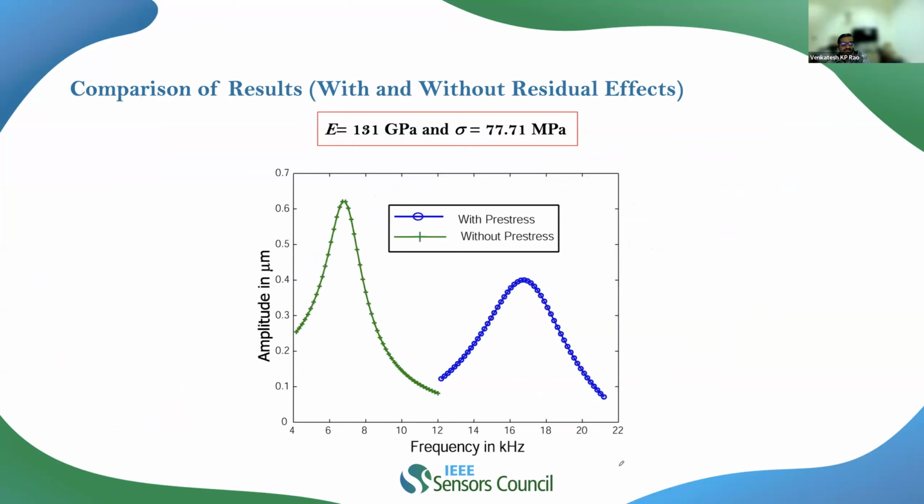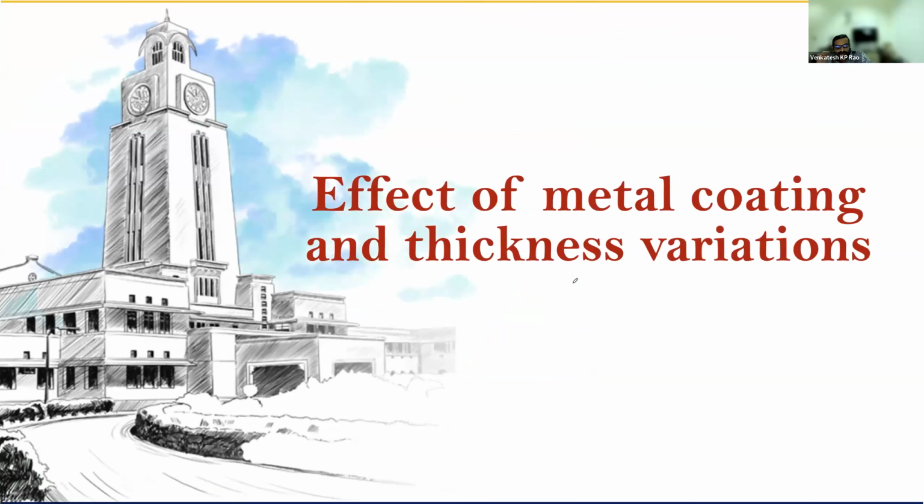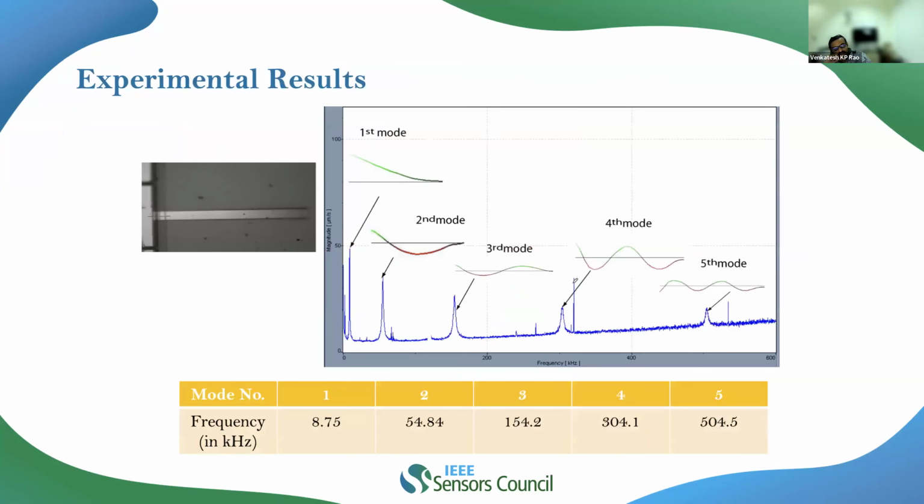This one is without stresses, and if there are pre-stresses in the structure, you can see what happens to the natural frequency of the system, right? And if there is a thickness variation or a metal coating, what would happen? I already showed you that for a cantilever beam, for different modes of vibration, we can extract them with the help of the LDV.